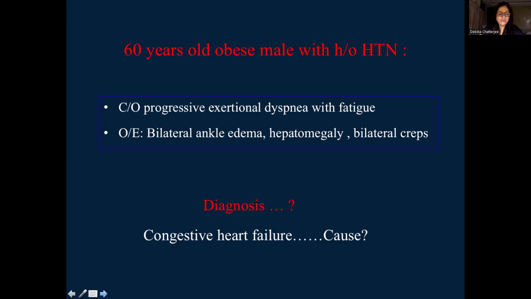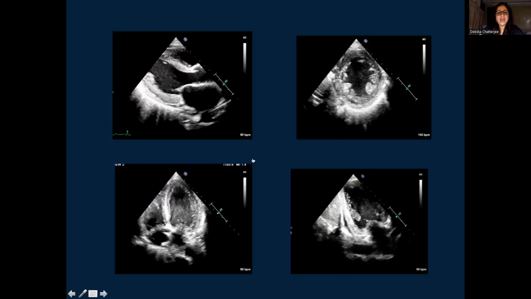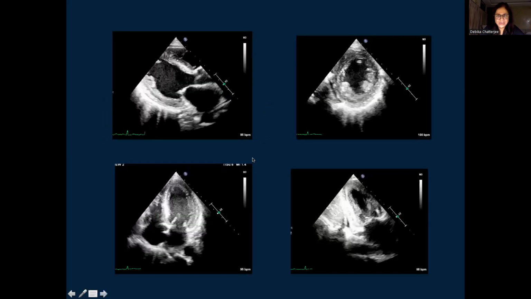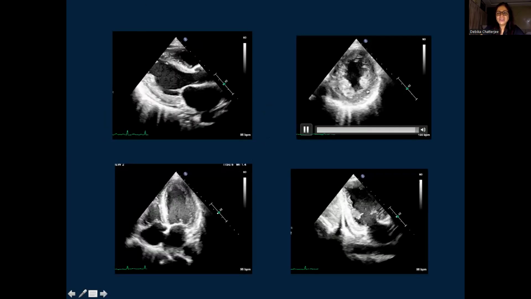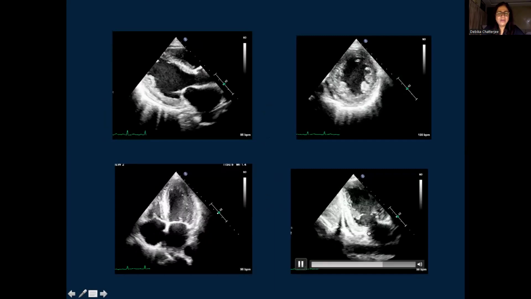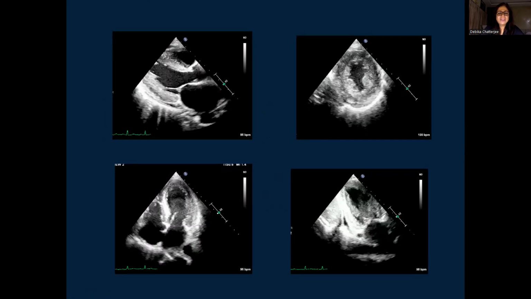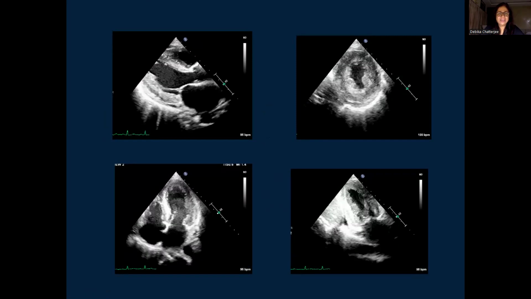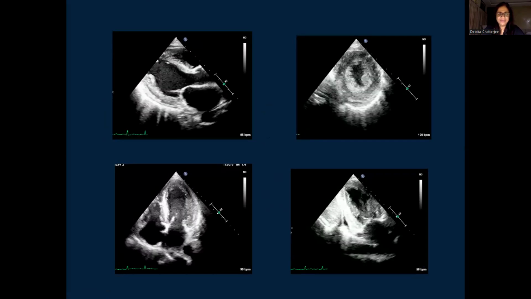Well, for that, we do the echocardiography, and what we see is that all the segments of the LV, this is the parasternal long axis, short axis, apical 4 chamber, apical 2 chamber, almost I have covered all the walls. All the walls are showing good systolic excursion with good systolic function of the LV.